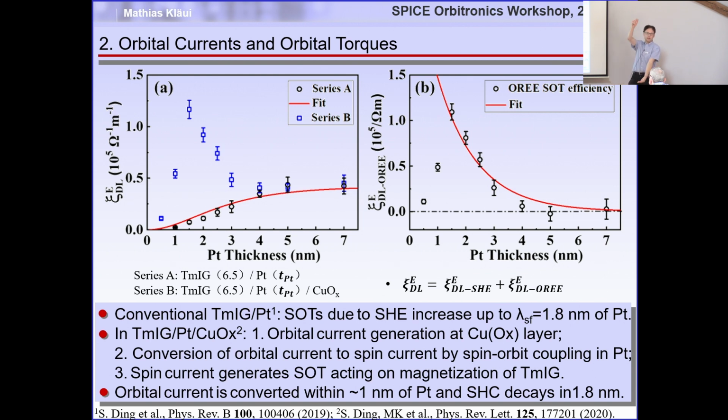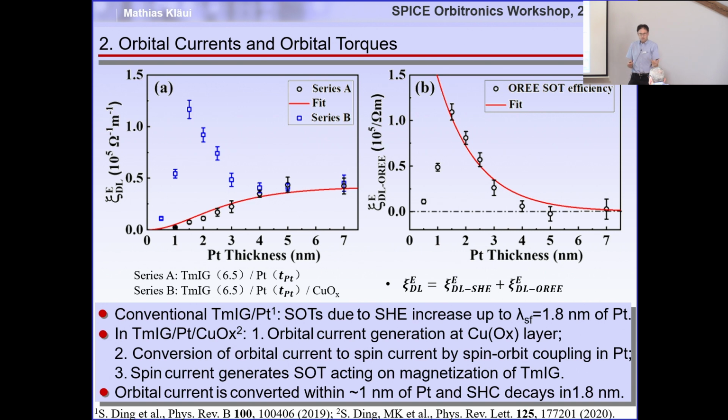So if you put 1 meter of platinum and some copper oxide on top, nothing will exit at the bottom interface. But for thin platinum layers, you have an extremely efficient torque generation, and that means you must have a huge orbital current, because you now have two things that need to happen. You generate the orbital current, it needs to be converted to a spin current, and the spin current then acts on the magnetization.